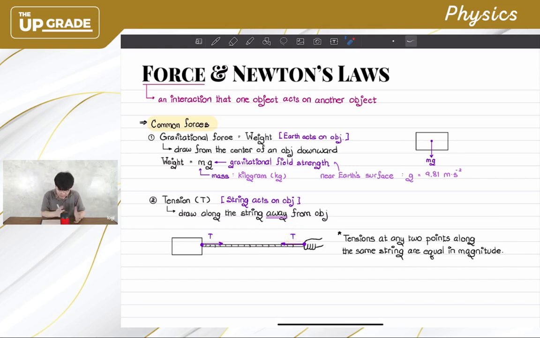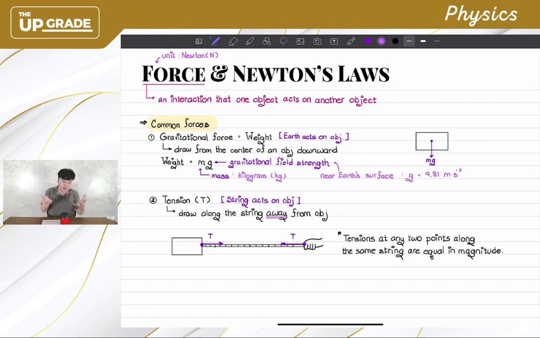Now, this probably is a good time to introduce the unit. The unit of force, every single force has a unit of Newton. So when you push the door or when you pull the door, it's just how many newtons you push or pull it.